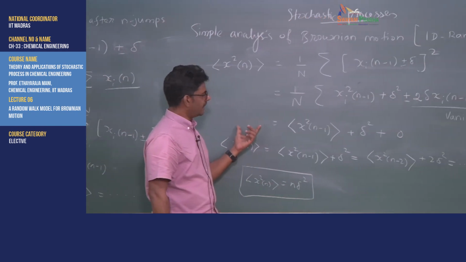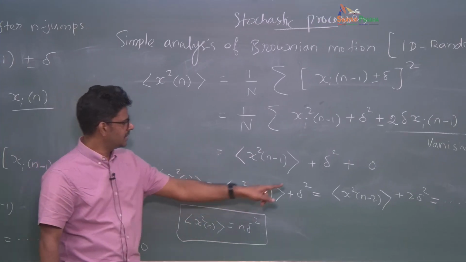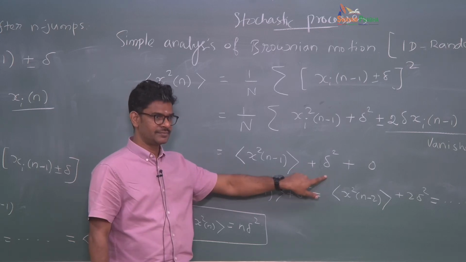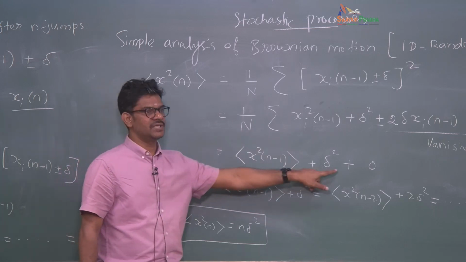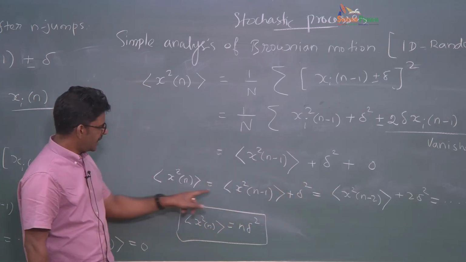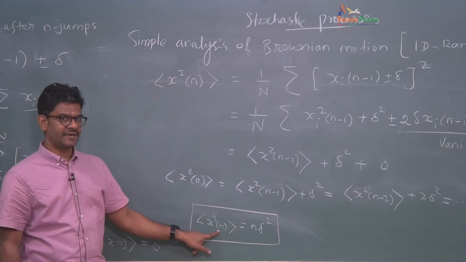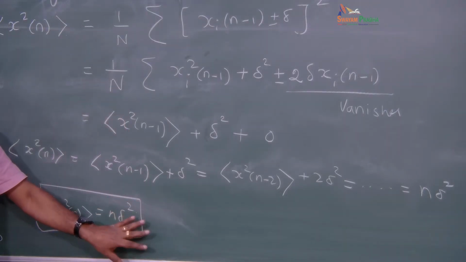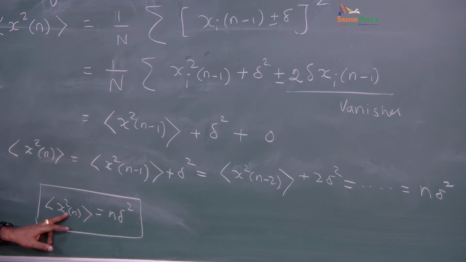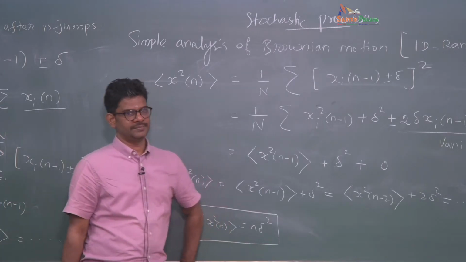For every one jump, the mean square displacement is increasing by a unit of delta square. So the mean square at n is the mean square at the previous time step plus delta square. If I write this recursively, I can show the mean square distance after n jumps is n times delta square, and this is a non-vanishing quantity. If you increase n, the mean square displacement also proportionally changes.